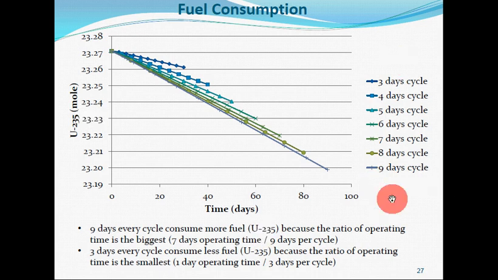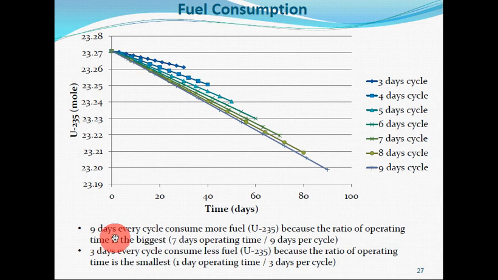We make all of the types of operation in 10 cycles. We see right here, this is for a 3-day cycle fuel consumption. This is the uranium-235 concentration right here, and right here is a 9-day cycle.